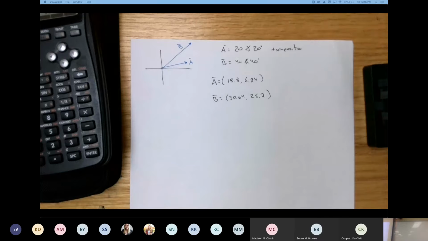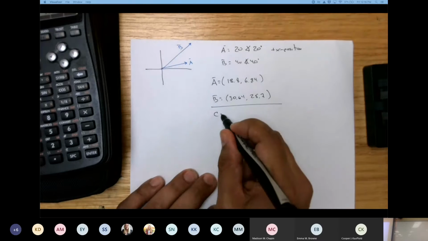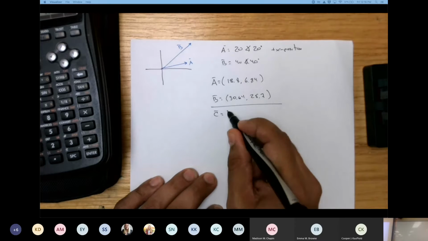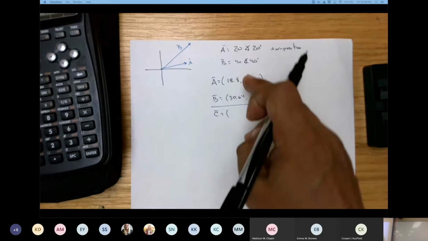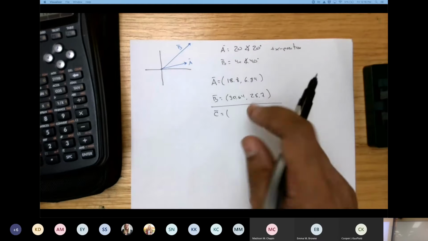So if I want to add and obtain vector C, then I add the x components with the x components, and then the y components with the y components.